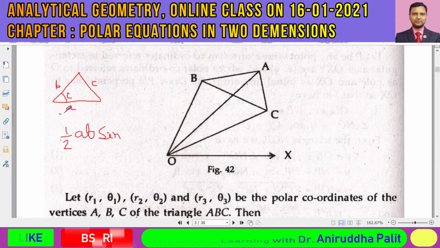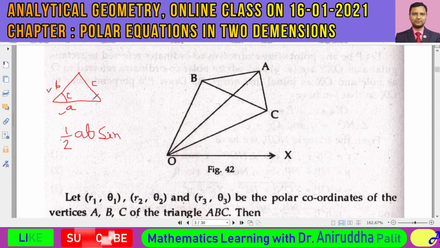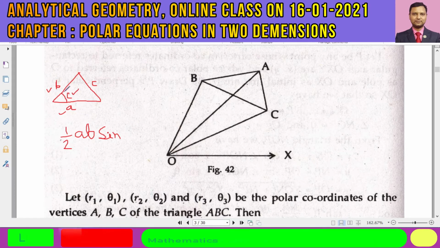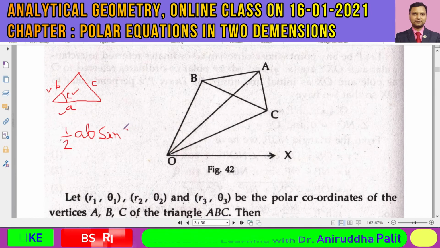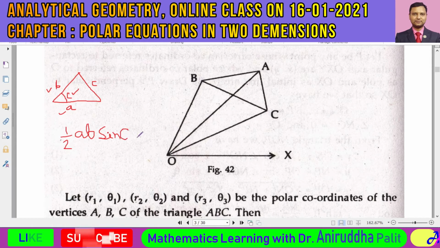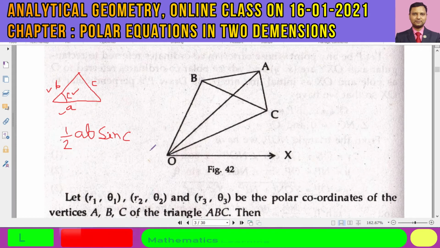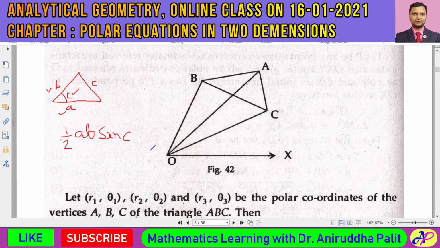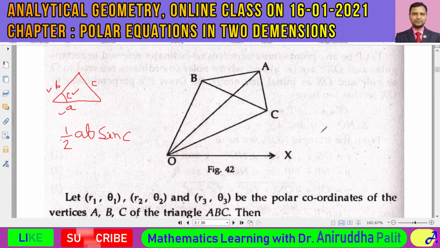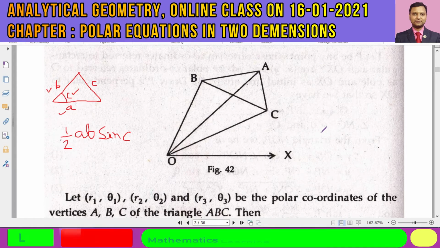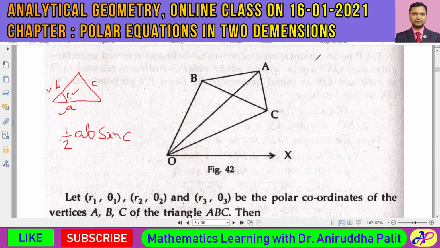This A and B are two adjacent edges, so we consider the angle in between them, that is sine of C. We already have this formula, and we are going to apply it in the evaluation of the triangle ABC.